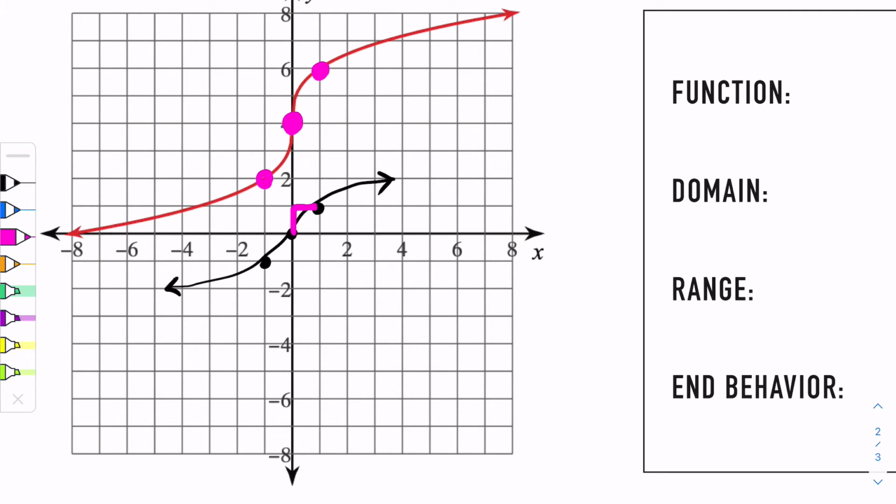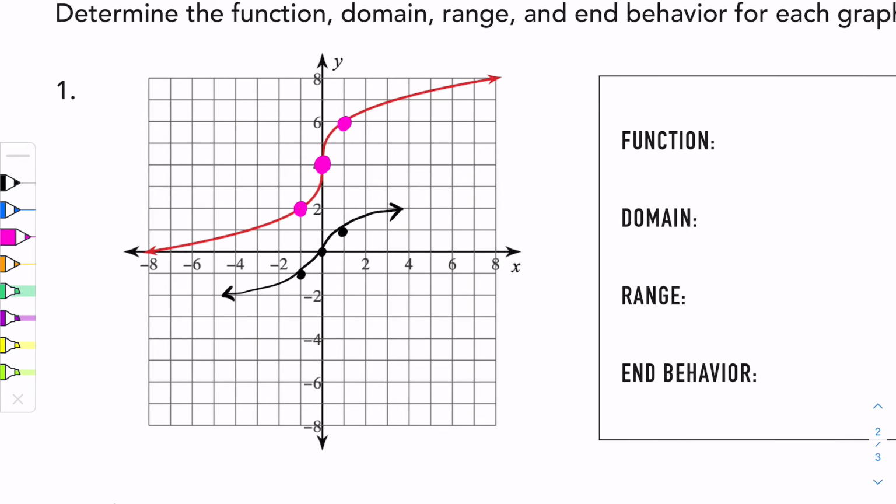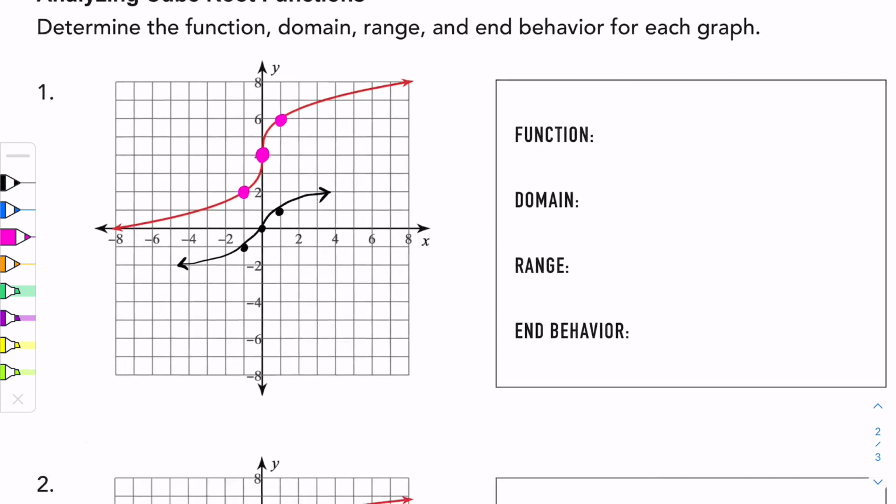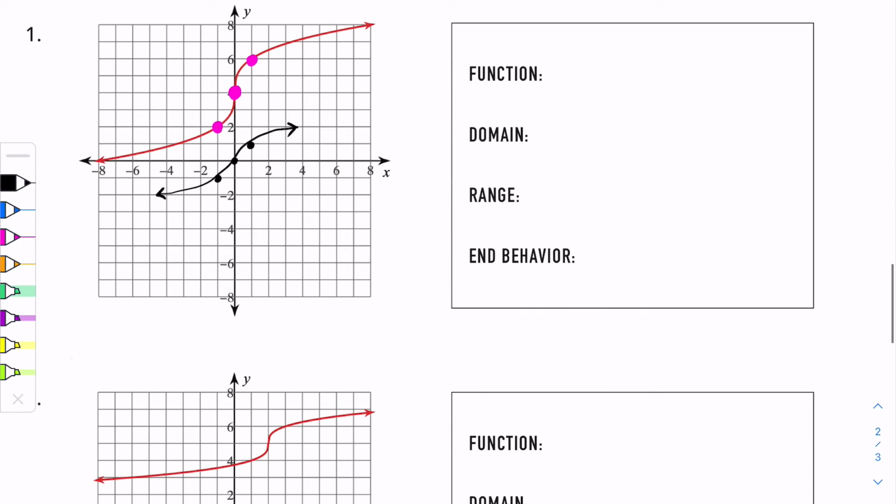So it appears to me that there's a multiplier of 2, or a stretch of 2. It also appears to me that the point at 0 shifted up to 4. So we have a multiplier of 2 and a shift of 4, giving us a function of the cube root, I forgot to write the multiplier again, 2 times the cube root of x plus 4.